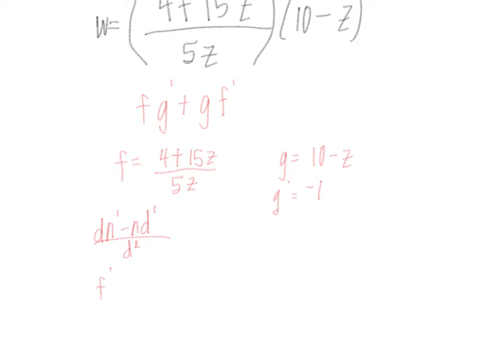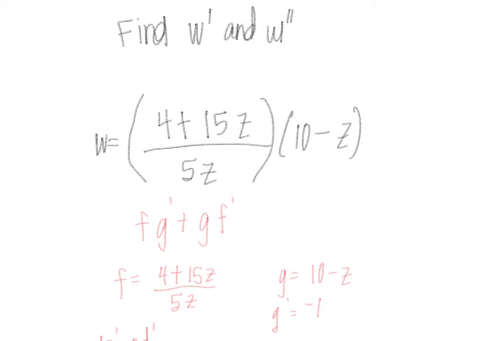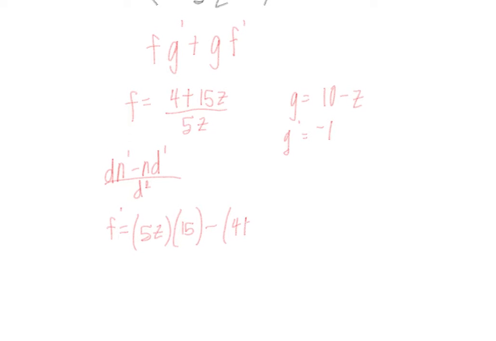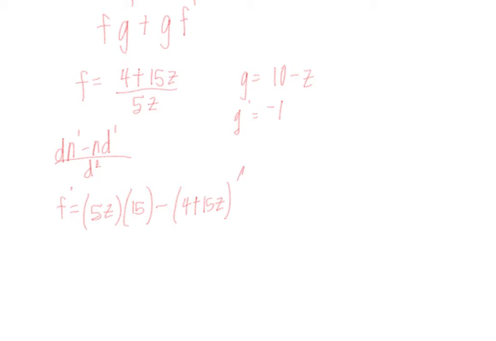So f prime, where we're taking the derivative of that first function, is the denominator, 5z, times the derivative of the numerator, 15, minus the numerator, 4 plus 15z, times the derivative of the denominator, which is 5, all over the denominator squared.